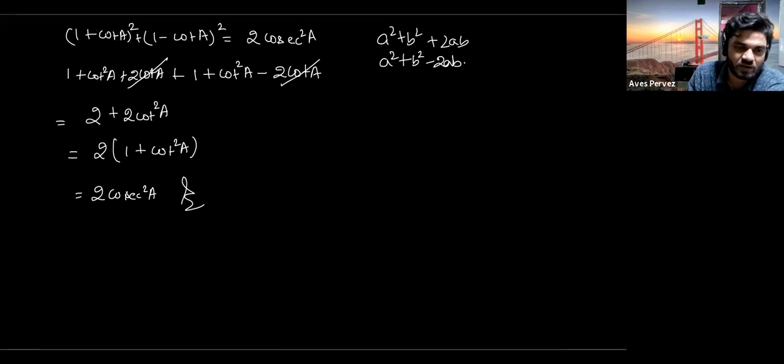So it will be 1 plus cot square plus 2 into cot a into 1, so 1 into 1 is neglected and I write only cot a. In a similar way, 1 square plus cot square, minus 2 into cot a. Got it?